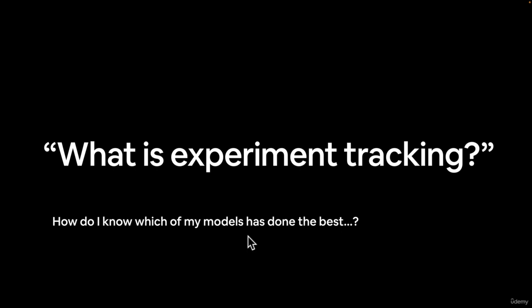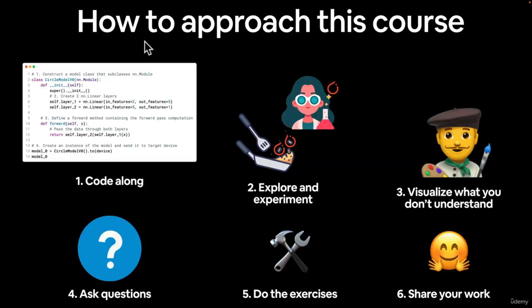And so if you refer back to one of the beginning sections where we covered how to approach this course, first and foremost is to code along, write the code, try it out, explore and experiment, visualize, ask questions, do the exercises, and of course, share your work. We have 3 mottos.